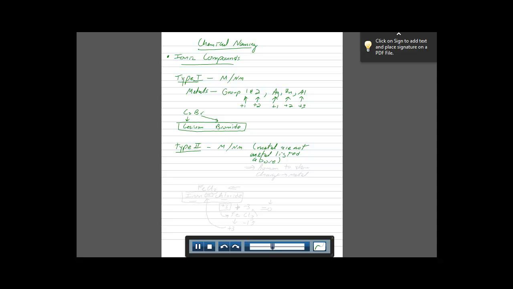And in that case, we have to use a Roman numeral to show charge. But charge is specifically of the metal. Okay, and so let's take a look at how we do this.